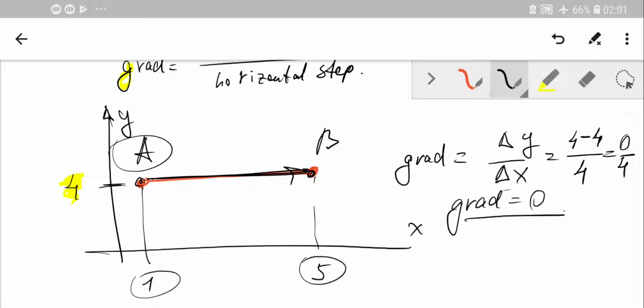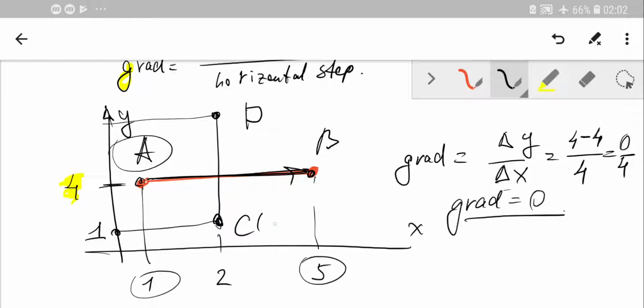In contrast, let's compare it with another line segment. Let's say CD. Now it's fixed at the level of, let's say, 2 for x. And you have 1 for C, that's the y coordinate. So C has 2, 1. And D, let's say, has 7 for y.